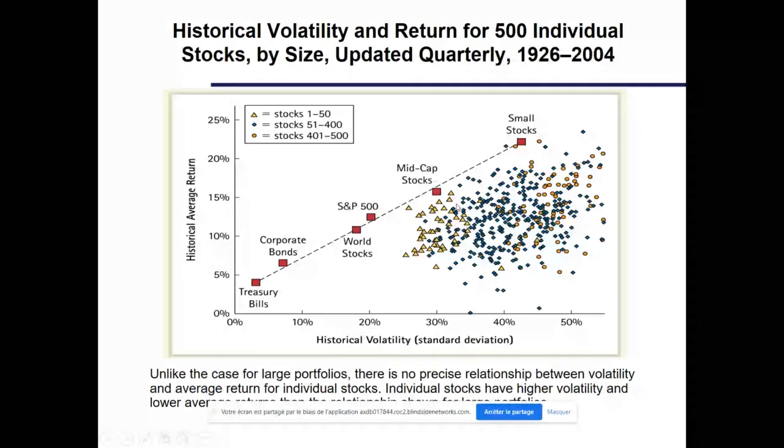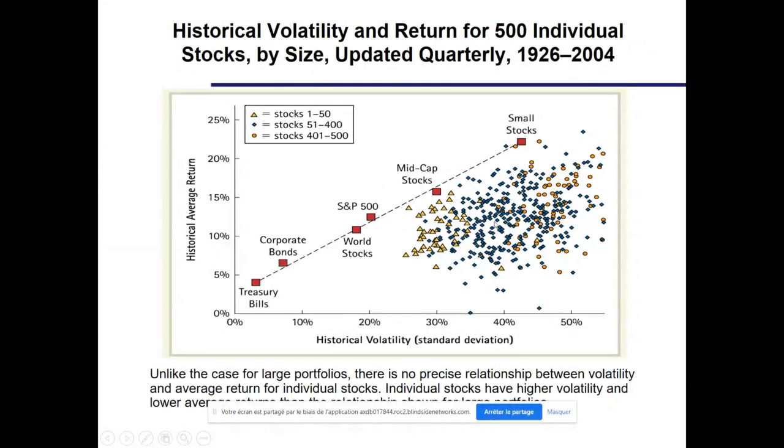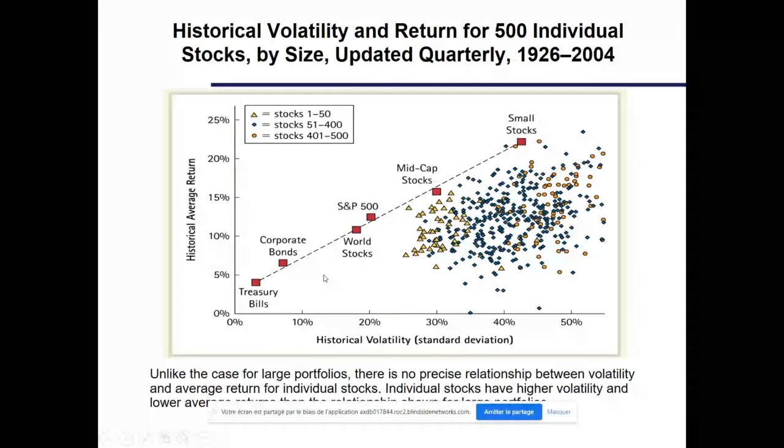Also interestingly, there is no precise relationship between volatility and average return for individual stocks, unlike the large portfolios. Why is that so?